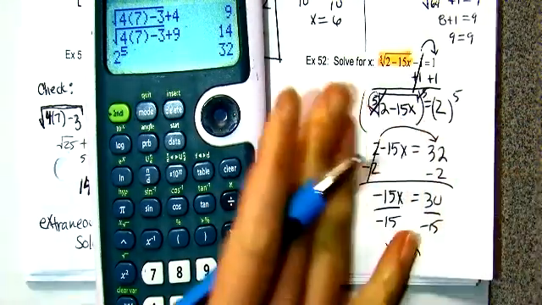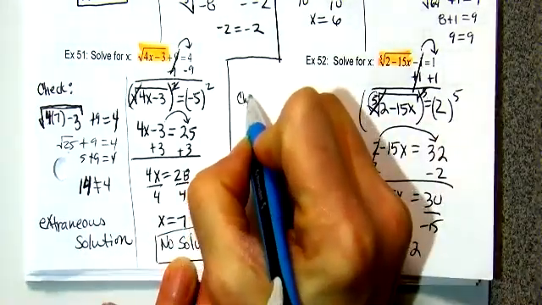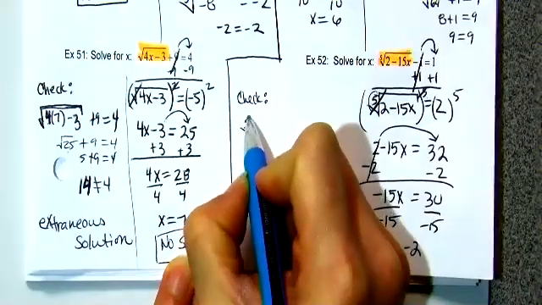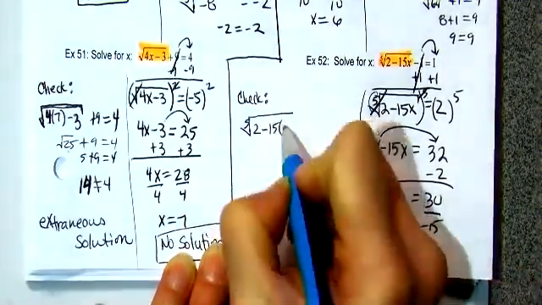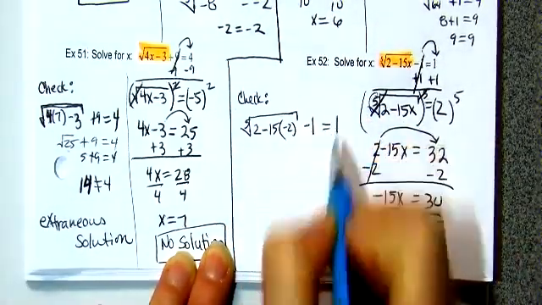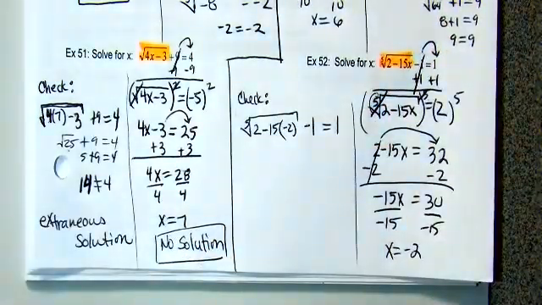So again, before we jump in and say, yeah, x equals negative 2, we have to verify that by checking to be sure it's not an extraneous solution. So we have 2 minus 15 times a negative 2 underneath that radical, minus 1 equals 1. So we could plug that into our calculator.